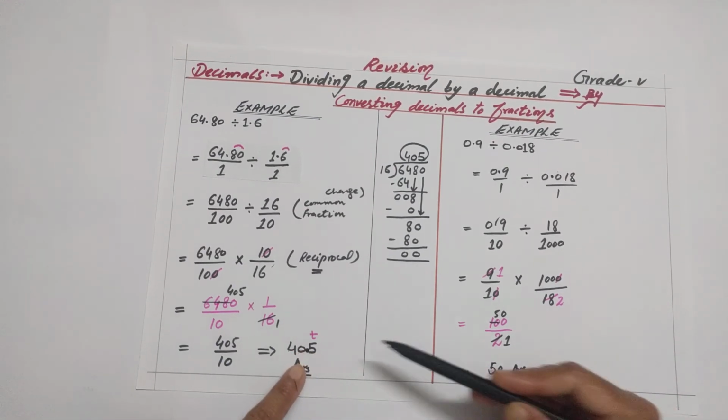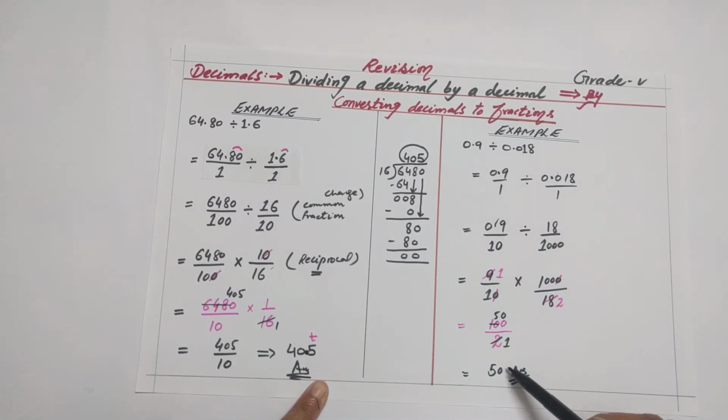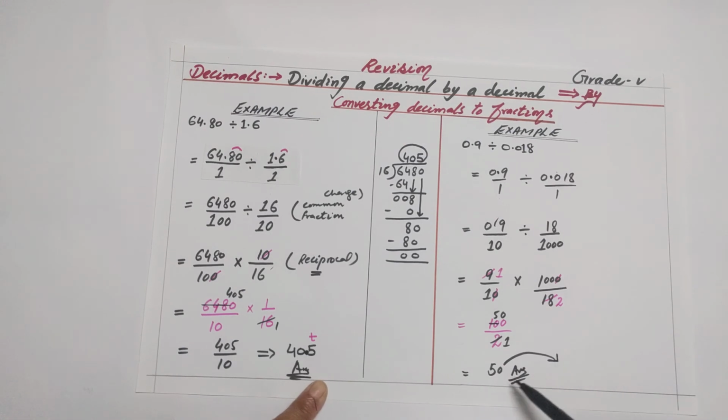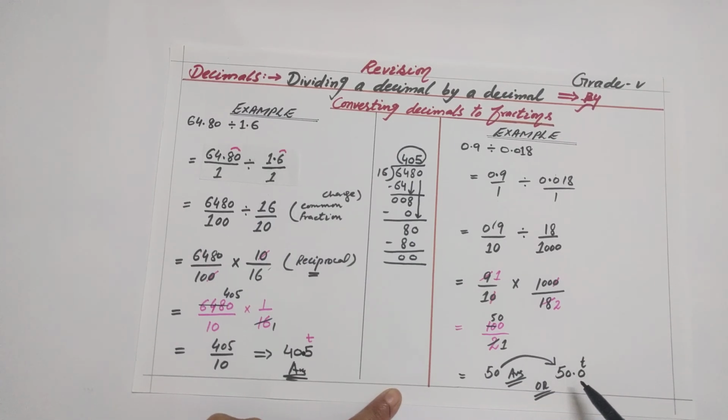As I told you in this example, as our question is in the form of decimal, and as 50 is a whole number, you can also write it in decimal form by putting it like this, 50.0. You can write it in this form, because the 0 is actually here as a placeholder to show that it is your tens place. Clear? So 50 or 50.0 both have the same value.